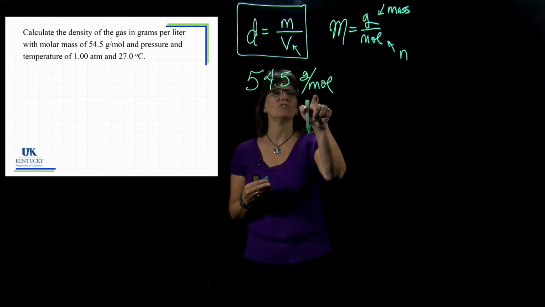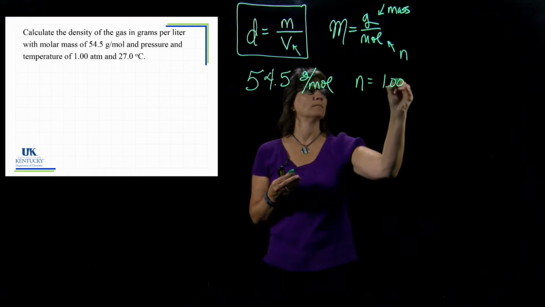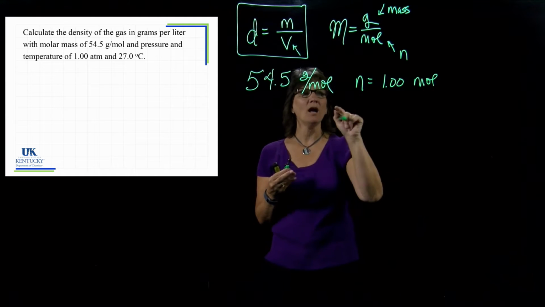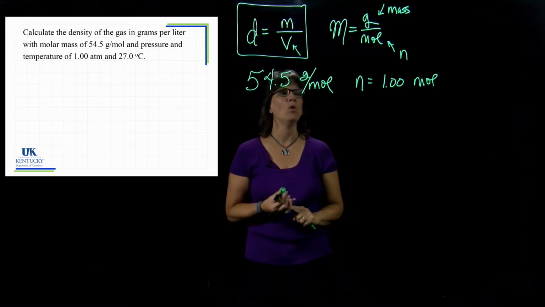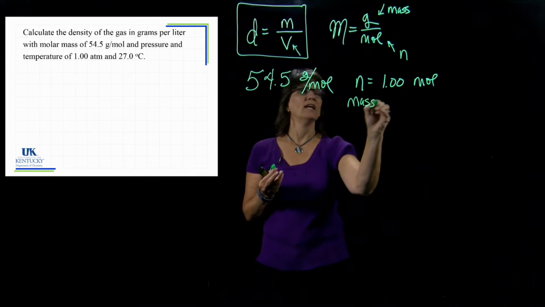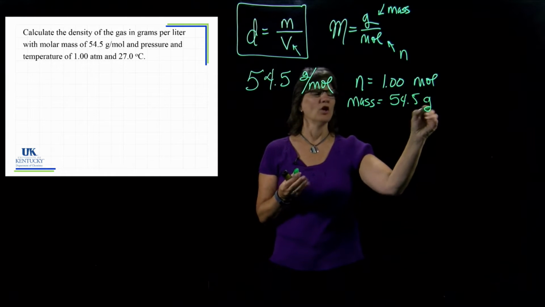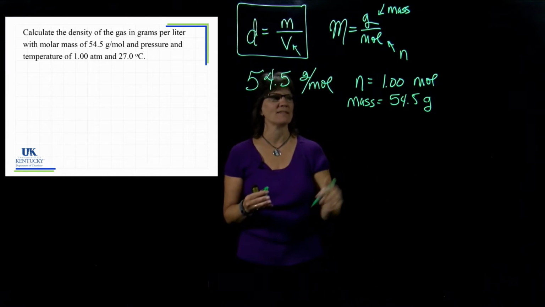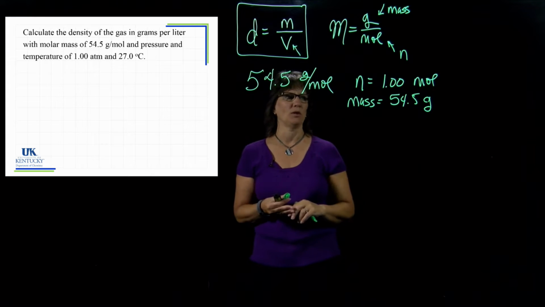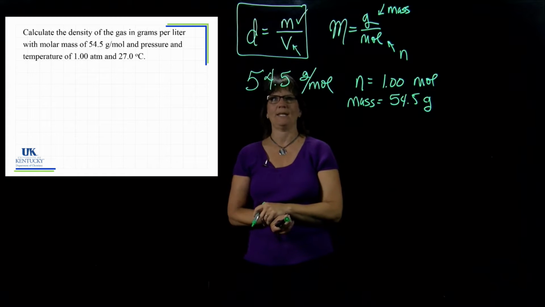So I'm going to choose a sample of 1 mole, because if I had 1 mole, I would then know that the mass is equal to 54.5 grams. So I have a 1 mole sample of gas and it would have this much mass to it. That's important because that will give me the top number of my density.